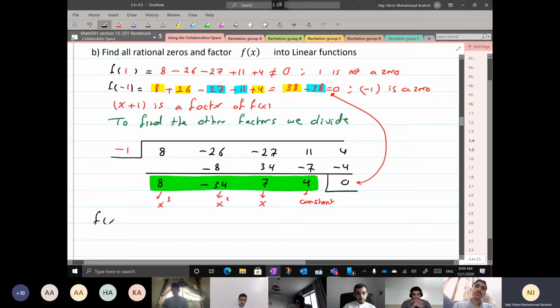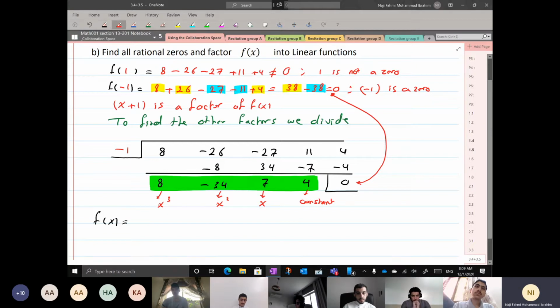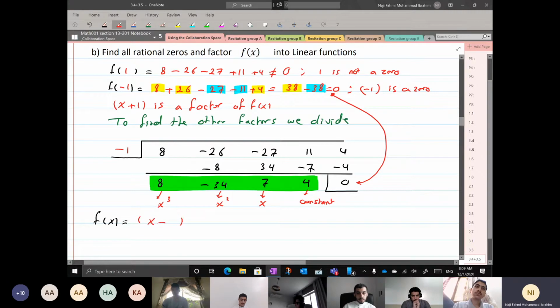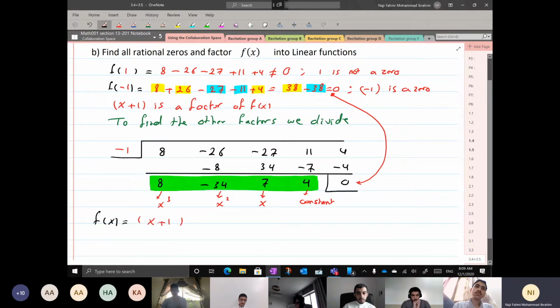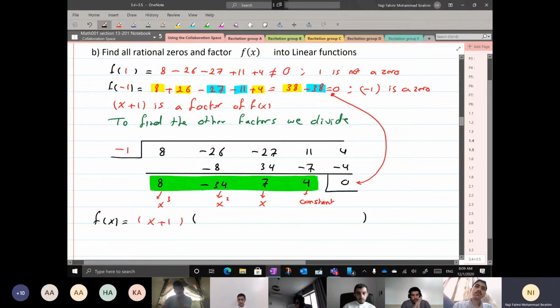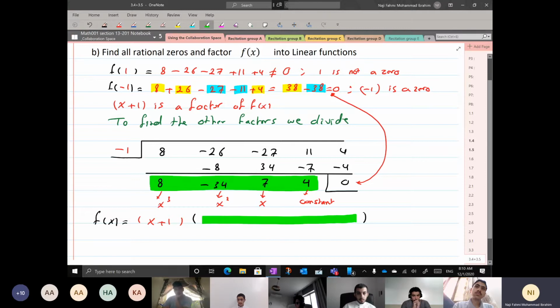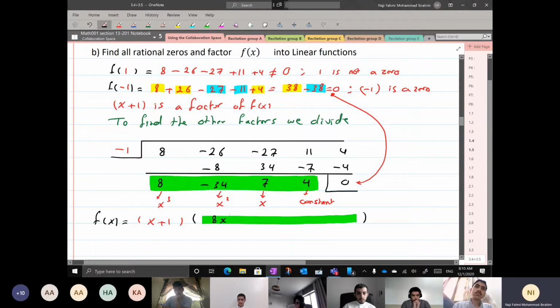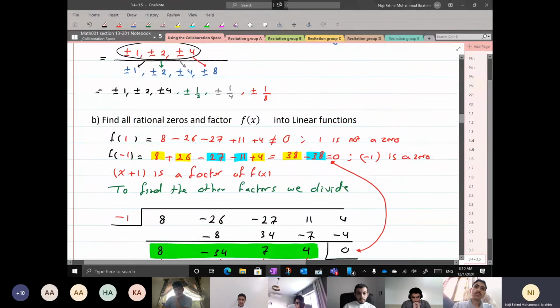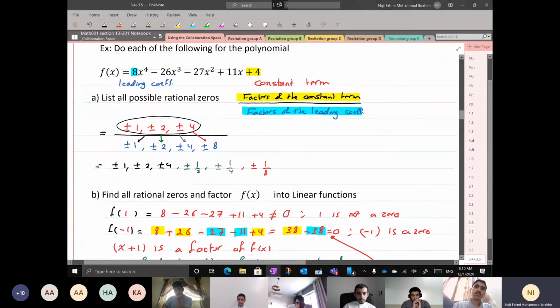So f of x is equal to the first factor that we have found, x plus 1, multiplied by this green thing, which is 8x^3 - 34x^2 + 7x + 4.